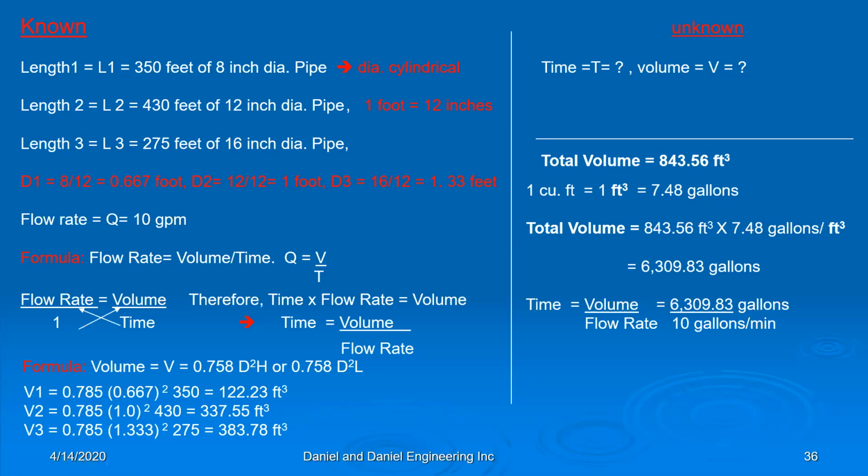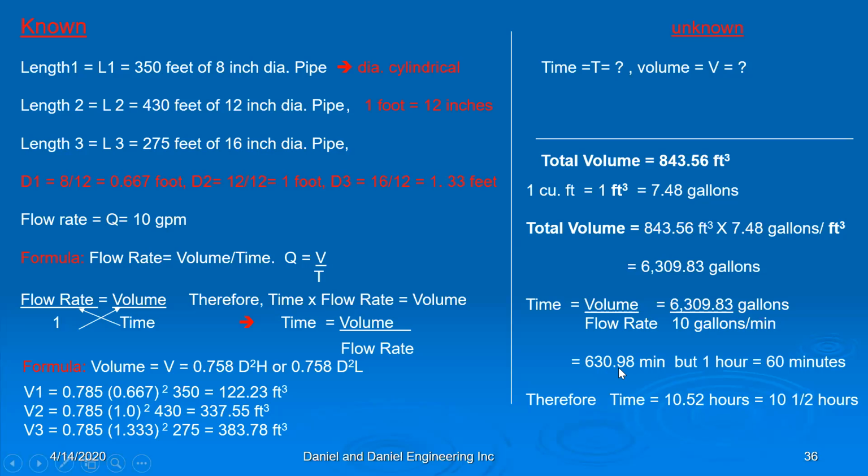That's what per is. All right, so I ended up with a time of 630.98 minutes. But 1 hour is 60 minutes. Therefore, the time is 10.52 hours, which, rounded, is 10.5 hours.